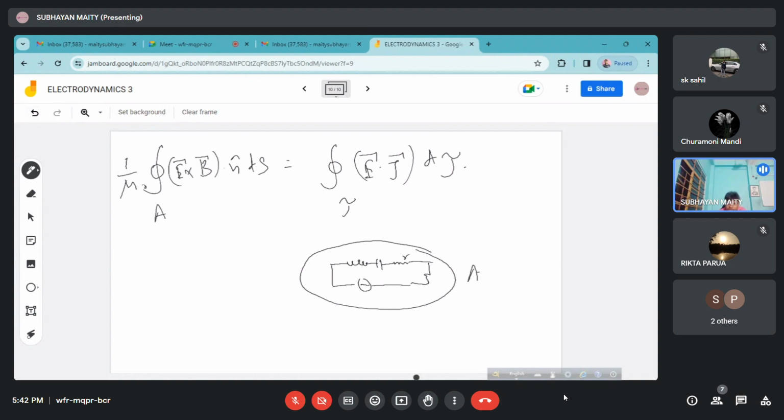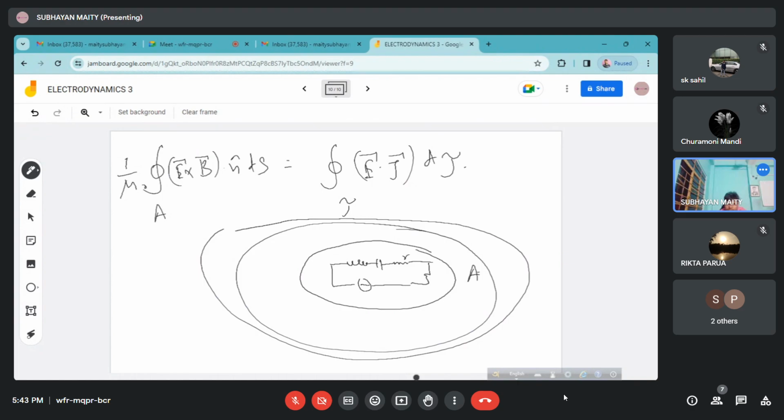Now we are considering several other surfaces. This is suppose A1, this is suppose A2, or you can take any other surfaces also. But for every surface you do the integration, the right hand side is the same, because the right hand side has the source J, and J is the same for all the surfaces. So this integration term will be constant for all the surfaces.